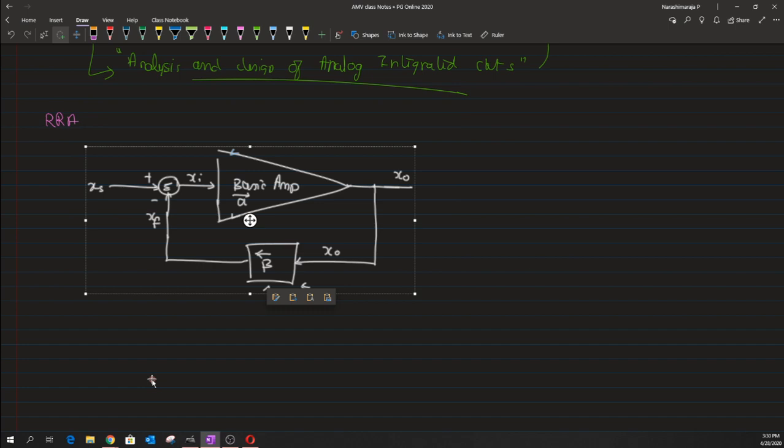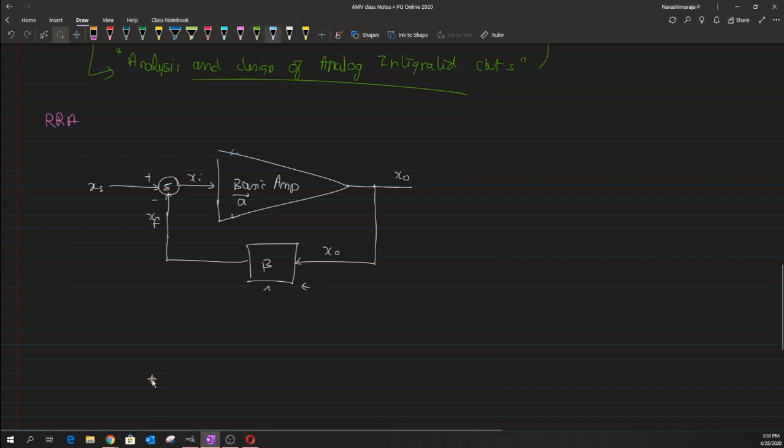So note here, in this case, the assumption of the beta network being unidirectional has been relaxed, so it can be bidirectional. I am just going to remove that beta arrow mark, while the basic amplifier can still be considered unilateral, though it is not mandatory.